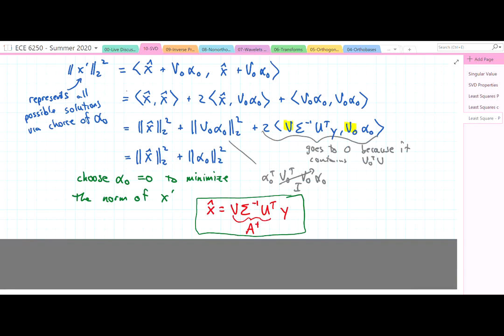So I'm just about out of room. I just want to put this here. Two things. One is in MATLAB, x equals A backslash y is the same thing.